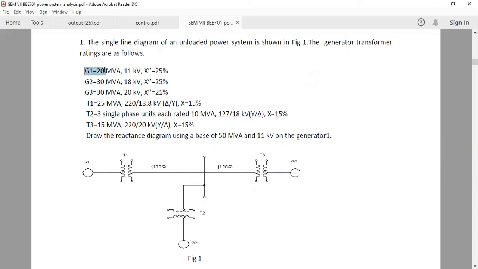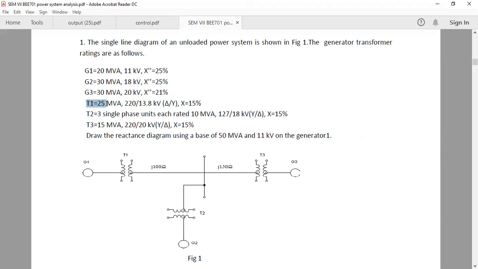Generator 1 has a rating of 20 MVA, 11 kV and its reactance is 25%. Generator 2 has a rating of 30 MVA, 18 kV and its reactance is 25%. Generator 3 has a rating of 30 MVA, 20 kV and its reactance is 21%.